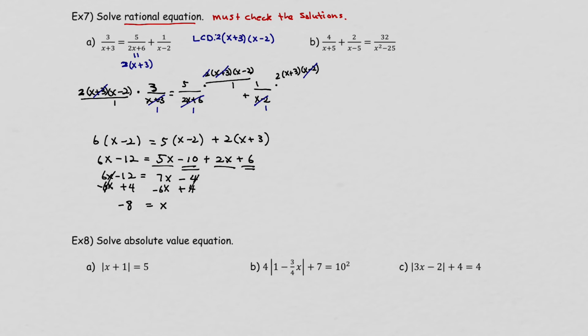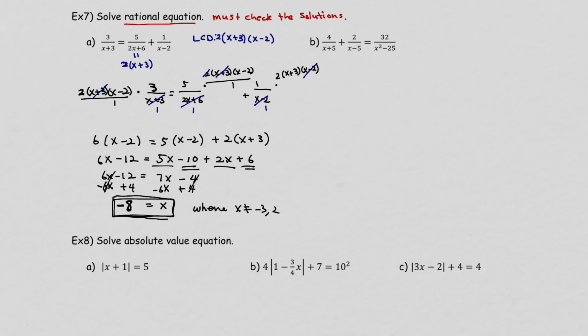And I need to check my solutions. The minimum checking I need to do is making sure my solution is not a restriction. X cannot be -3 and 2. Remember the restrictions? My solution is not one of those restrictions, so it's okay to keep it. That's how we're going to solve rational equations.